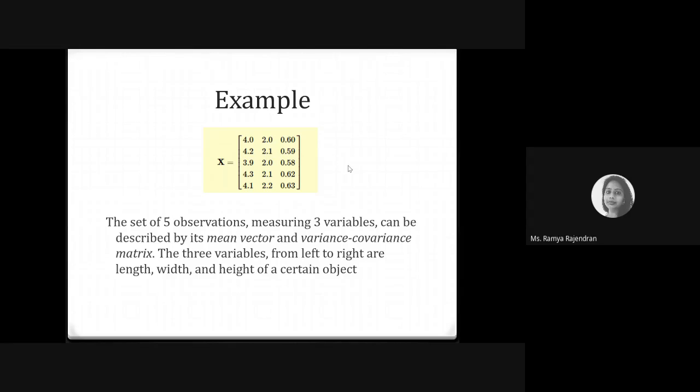We always know how to calculate the mean. We just have to take a summation of this. So this is the length observations. When you take a mean of these values, we get the mean of the length. This is the mean of the width, and when you calculate the mean for this observation, you get the height mean.